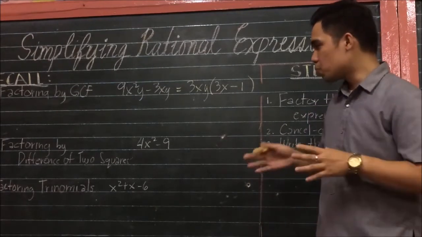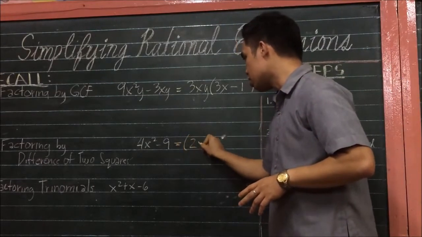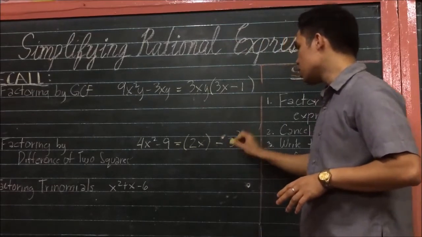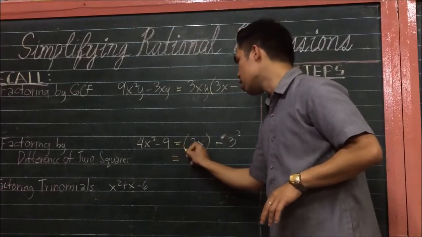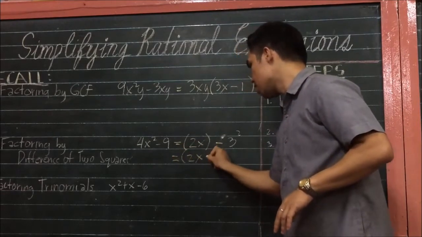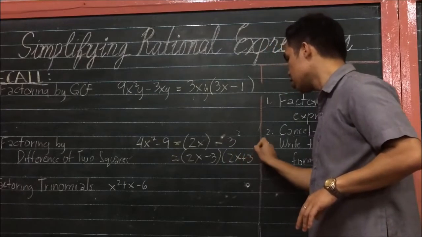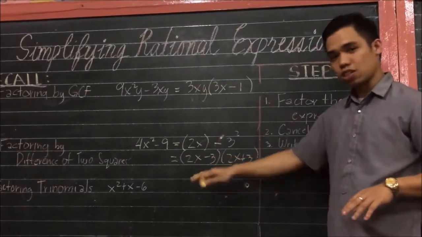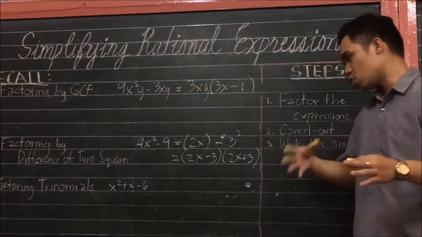Okay, good. These are perfect squares because 4x squared is the square of 2x and 9 is the square of 3. So the factored form of this expression is 2x minus 3 times 2x plus 3. You might ask, can I interchange this? Yes, you can. You can put 2x plus 3 first before 2x minus 3. That will be the same.